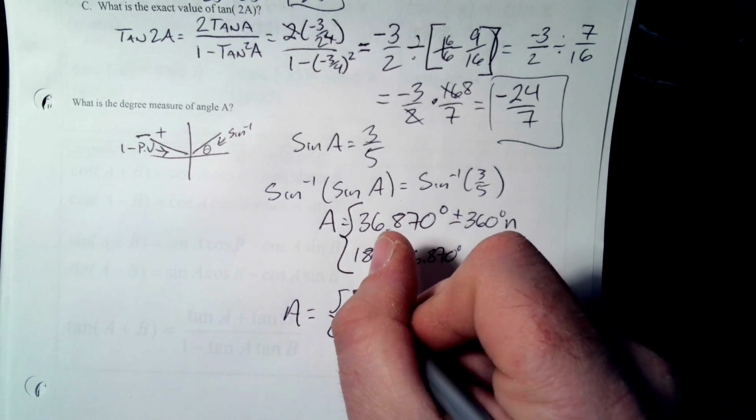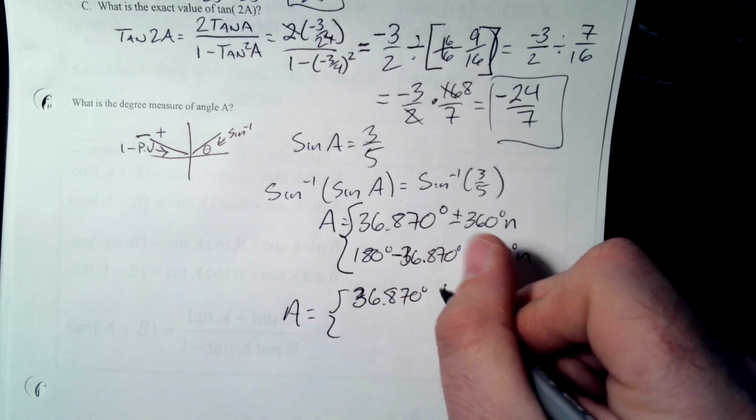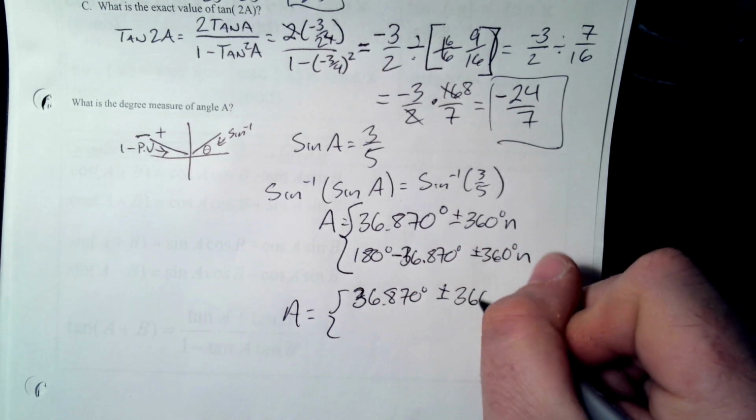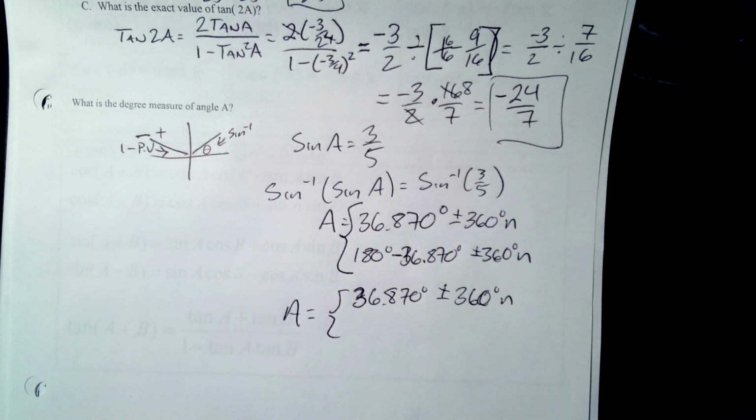So again, we know that we're not going to need this 36.87. Actually, we might need the plus or minus 360s, because all we know is that angle A is in quadrant 2. We don't actually know whether it's been rotated multiple times or not, so we will keep the plus or minus 360s for our final answer.